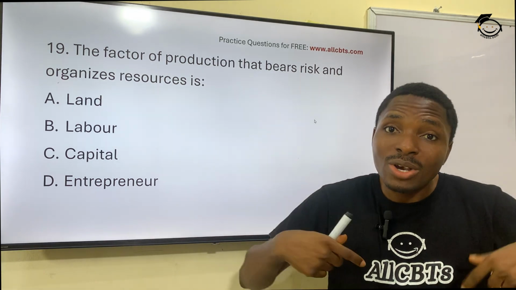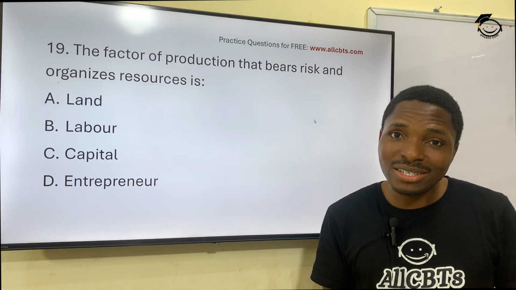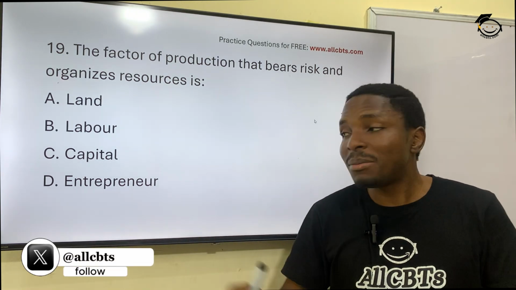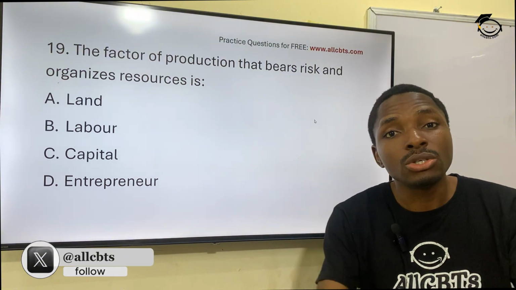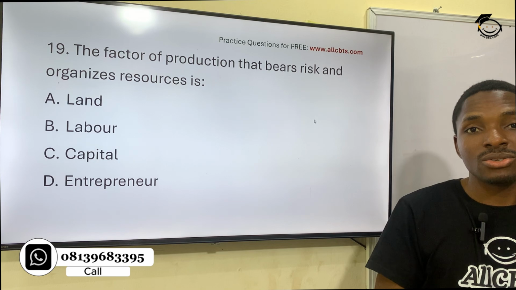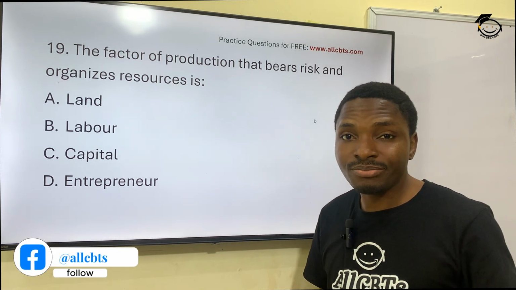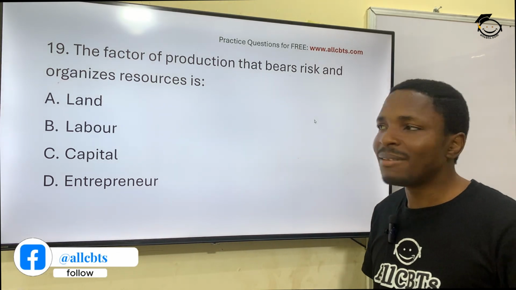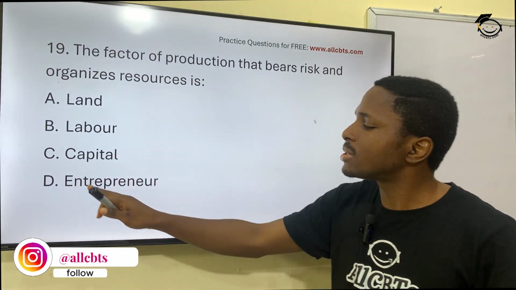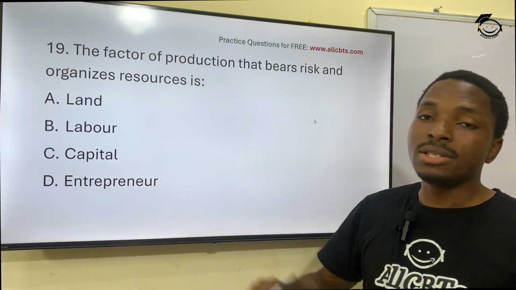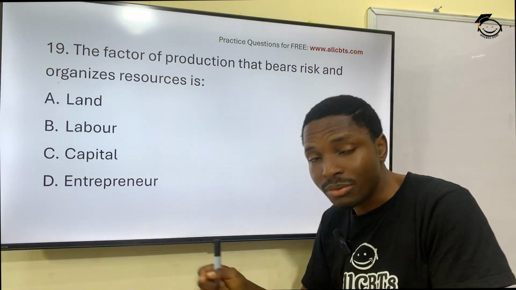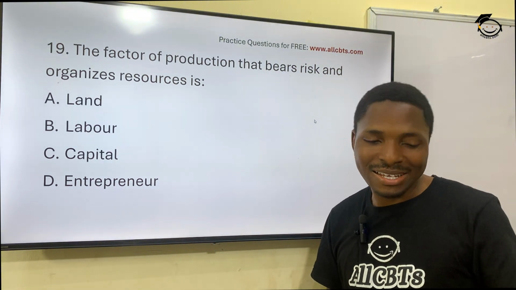As simple as that. You are the laborer, because you are the one working. So that's labor. What about capital? The money, your money that you use to run a business. An entrepreneur, you yourself, in such a scenario, you are the entrepreneur. Is it clear? Okay, so the factor of production that bears risk and organizes all these other resources is this guy. It's the one that bears risk. If the business fails, it's on you, the entrepreneur. Is it clear now? Good.